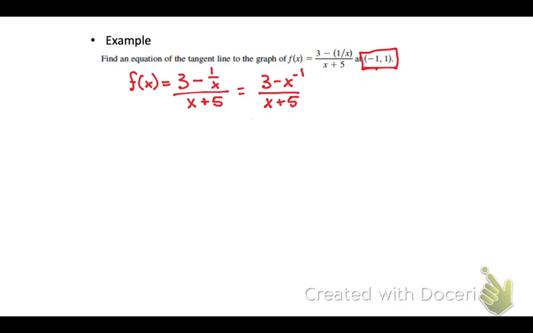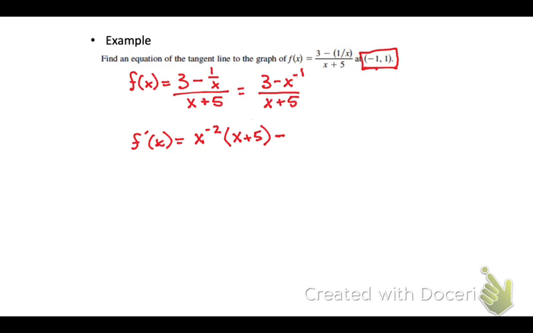Okay, so f prime of x is the derivative of the numerator. So 0 from the 3, right? Yeah. So then negative 1 times negative 1 would be 1, but it'd be x to the negative 2, over x plus 5. So the derivative of the numerator times the denominator minus, well, the derivative of x plus 5 is 1.